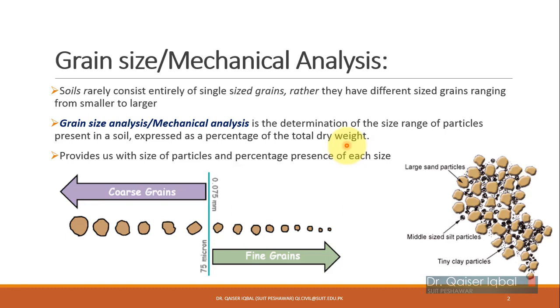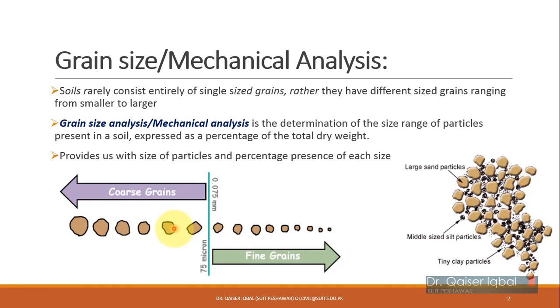So you basically determine the sizes of the particles in this and the percentage of each size. For example, we can determine how much percentage of the soil is consisting of 2 millimeter particles or 4.75 millimeter particles, okay, or less than that or greater than that.